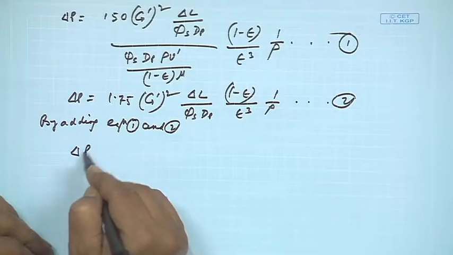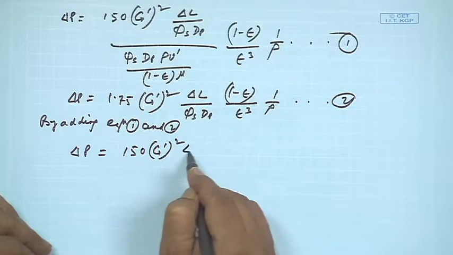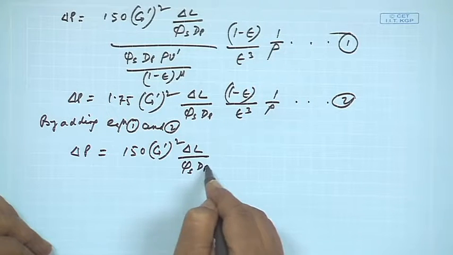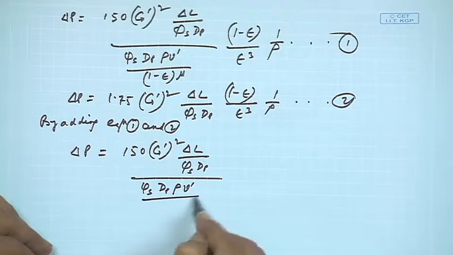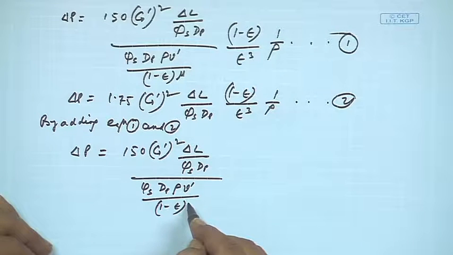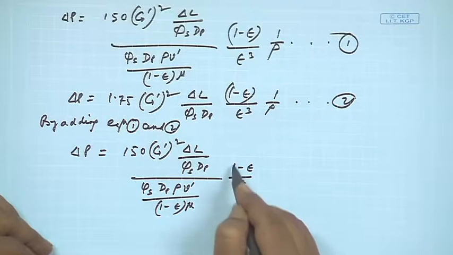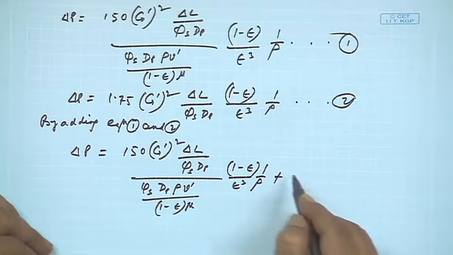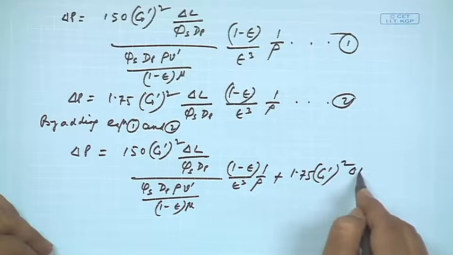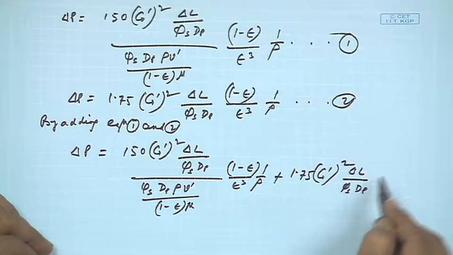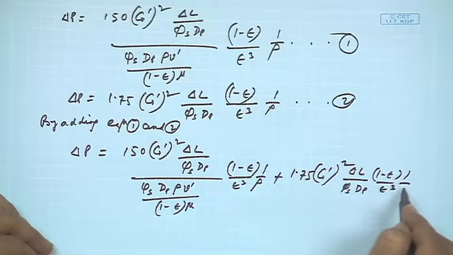We get delta p is equal to 150 g prime square into delta L by phi s dp over phi s dp rho v prime over 1 minus epsilon into mu, right, into 1 minus epsilon by epsilon cube into 1 by rho plus 1.75 g prime square into delta L by phi s dp into 1 minus epsilon by epsilon cube, right, into 1 by rho.